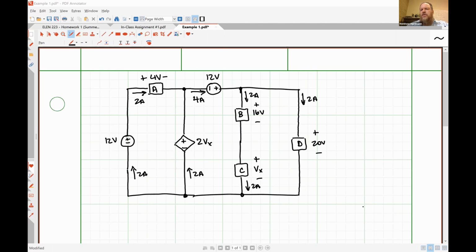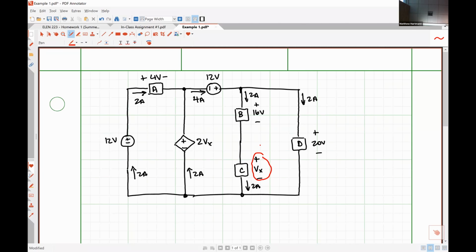So the goal in this problem that I have prepared is to determine the value Vx, which if you can't locate it, I'll go ahead and circle it. So we want this voltage, the voltage drop over element C for our circuit here.